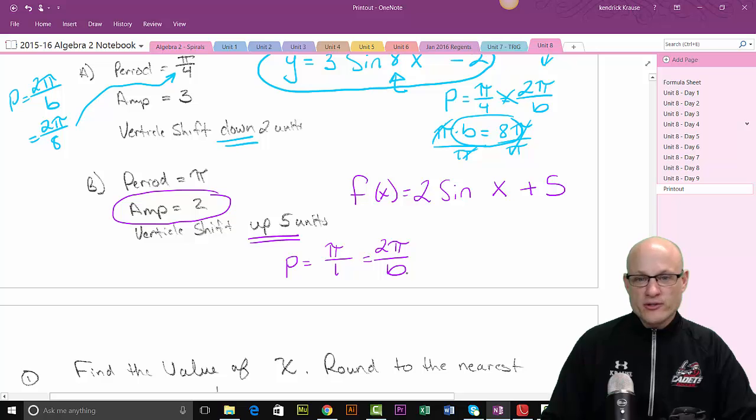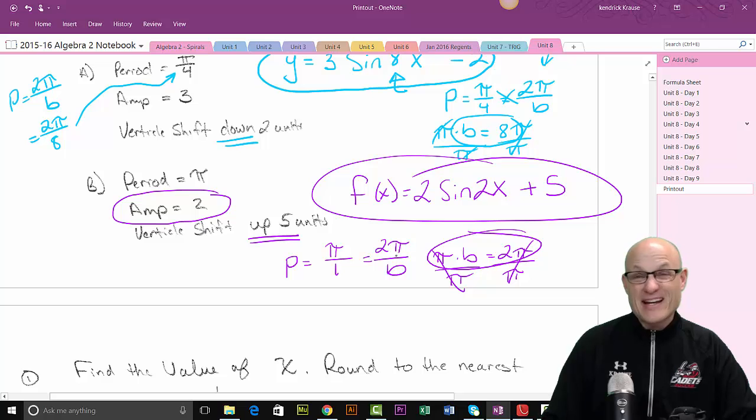Cross multiply, or you can just realize that b has to be 2 in order for this to be pi, but I can do pi times b is equal to 2 pi. Divide by pi, and I get b equals 2. So there's my equation.